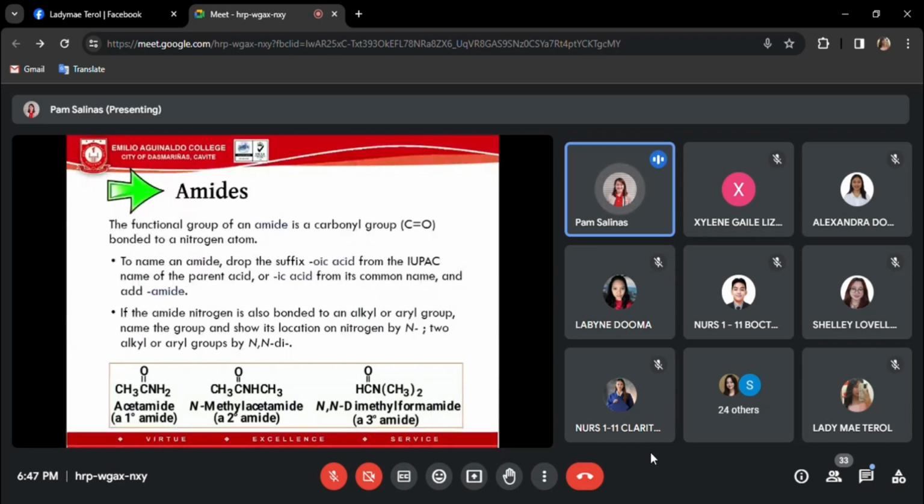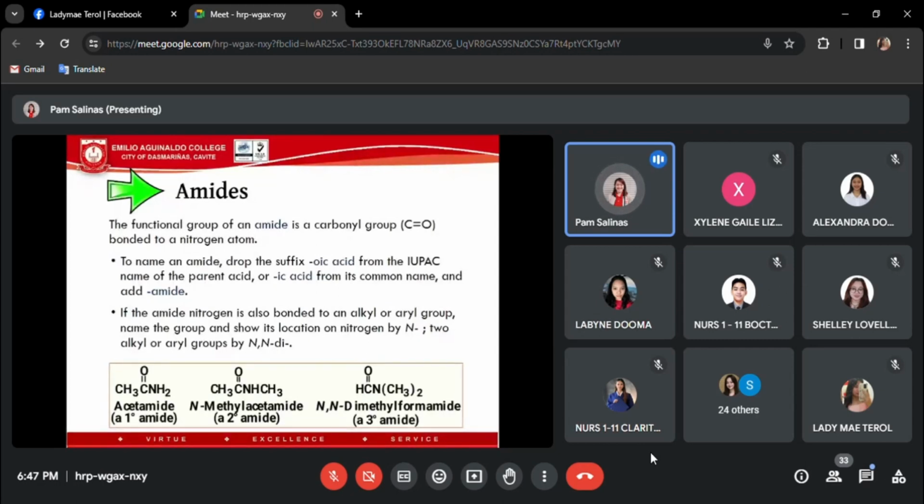So we have acetamide. First, it is acetic acid, right? Acetic acid. And then instead of acetic acid, we replace IC acid with amide. That's why it is acetamide. Why is it acetamide? Since it already has a nitrogen attached to it.